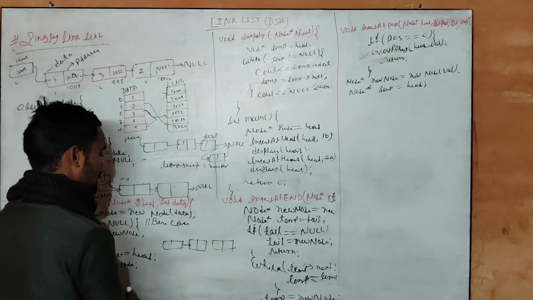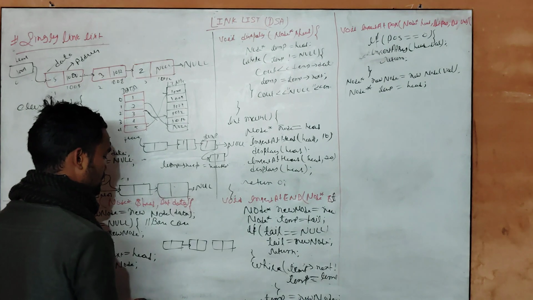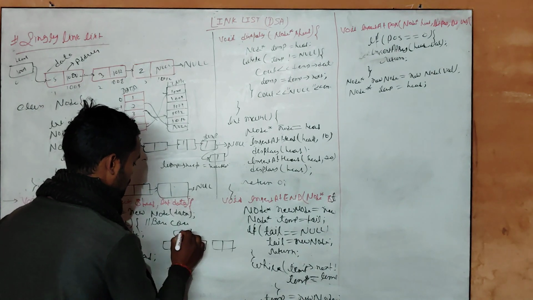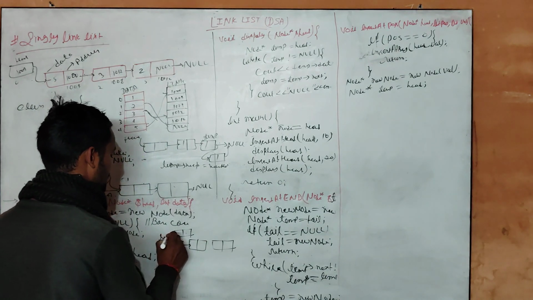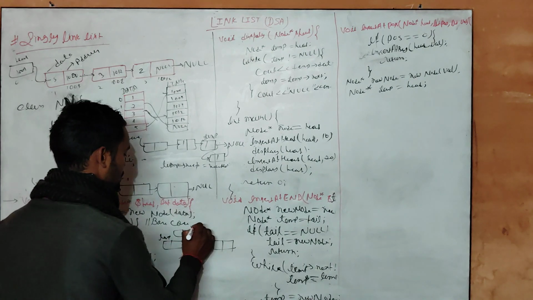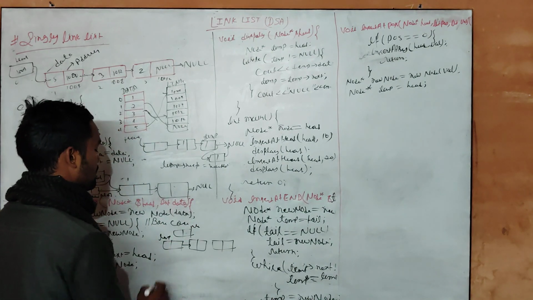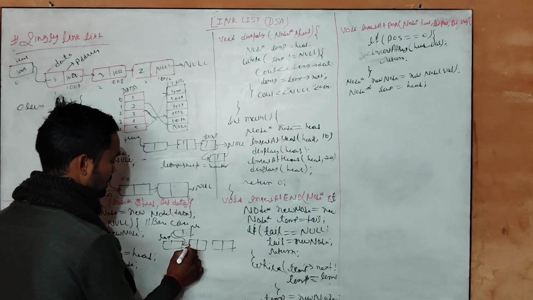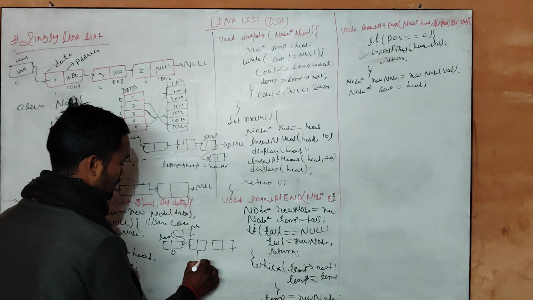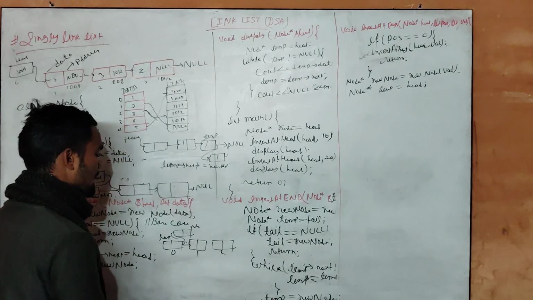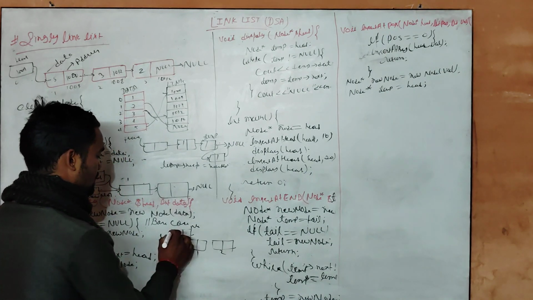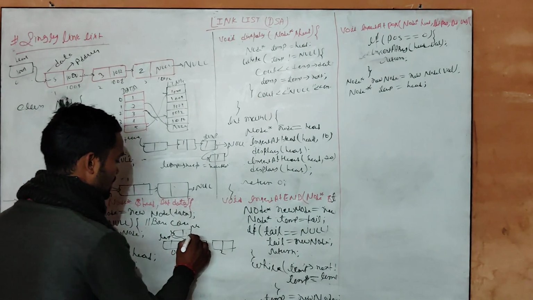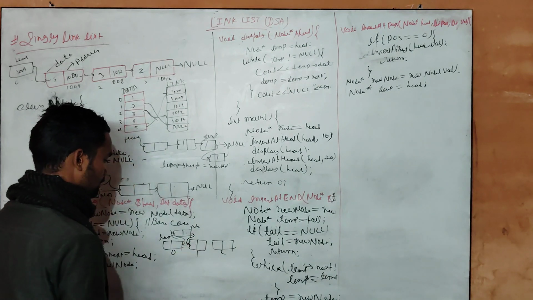I'm creating a temporary node and our new node. Suppose it is the temp node, and here the new node. Then what do we write here? Temp will indicate this node, 0, 1, 2. Okay, I am just removing this pointer and adding it on this side, and this pointer on this side.